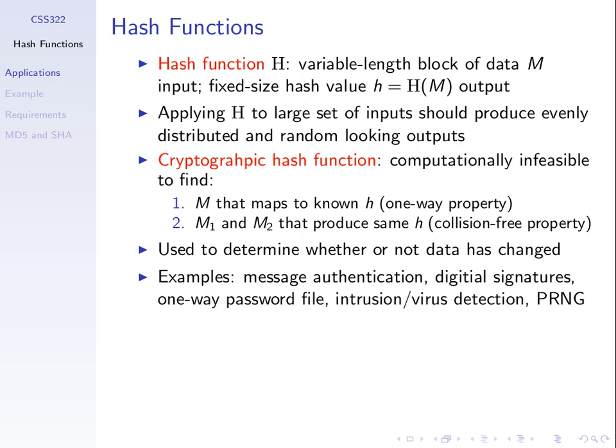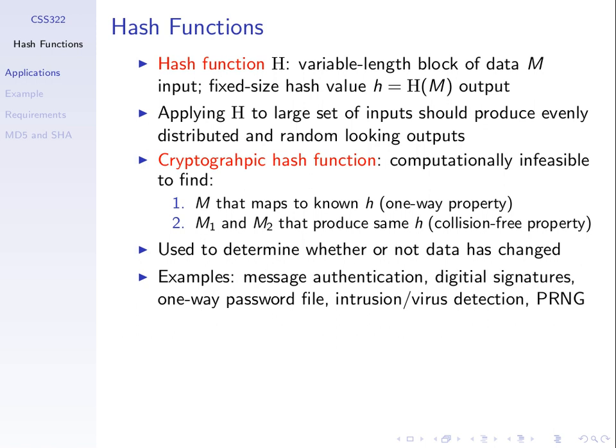So that we have some function h that takes some input, and that input can be of different sizes. And the output of that function should be a fixed size value, usually a small value for practical purposes. And importantly, this function, when we apply it to different input values, we should get different output values.